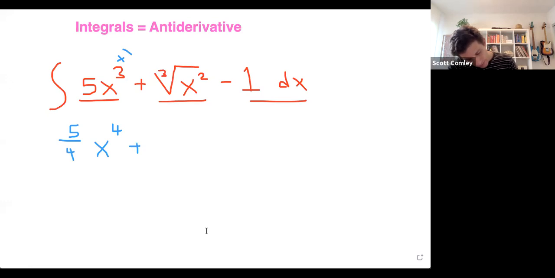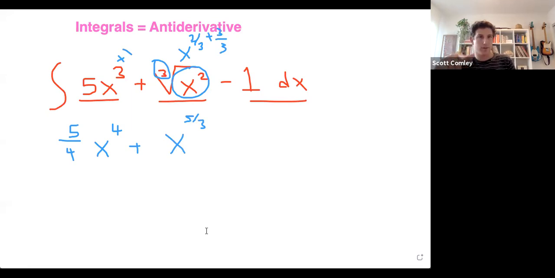And then let's rewrite this. Well, what is the cube root of x squared? The cube root means to the 1/3, so it's x to the 2/3. What if we add 1 to that? So 5/3, and it's going to be 1 over 5/3, which would be 3/5.